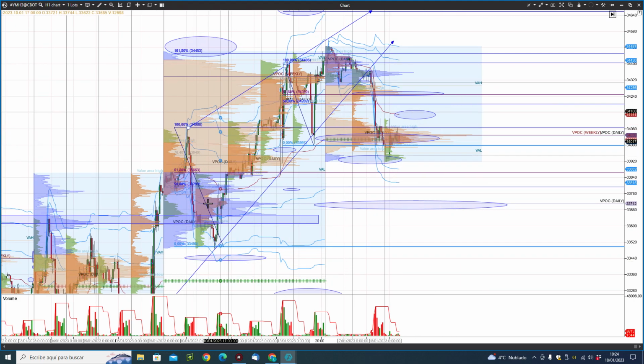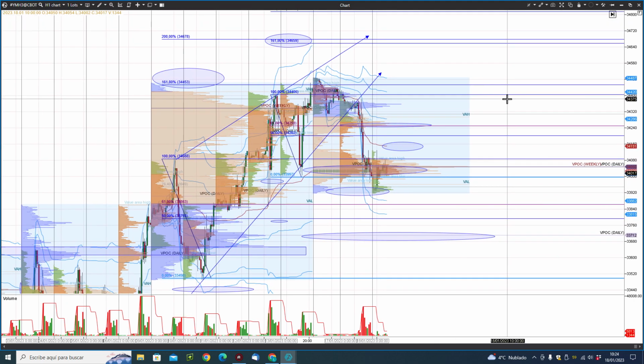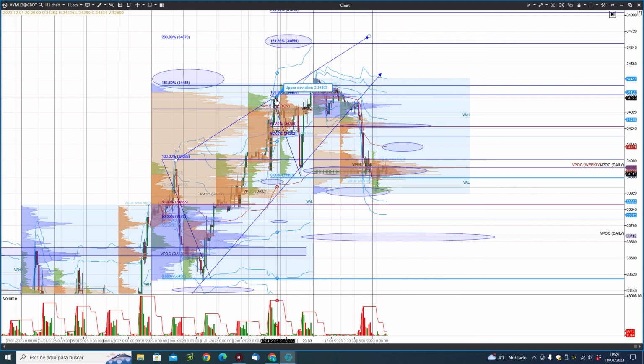Well, we talked about this wedge, and there were two possibilities. The first one, the uptrend one, was going to the projection of this pullback, and the target was 34,659.